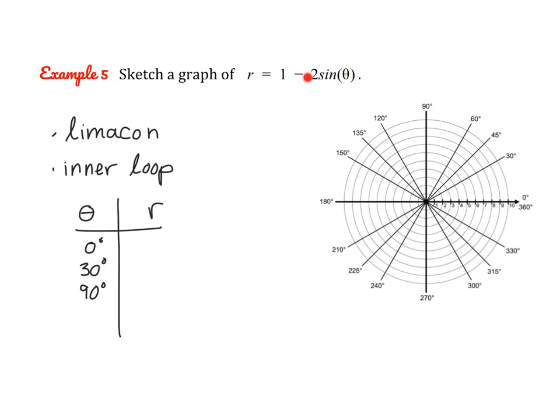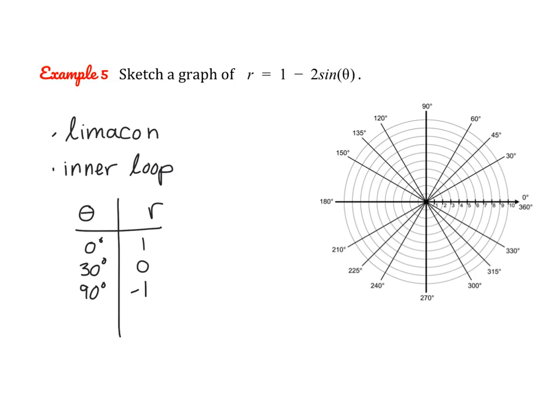The sine of 0 is 0, times 2 is 0, so this just gives us 1. The sine of 30 degrees is 1/2, times 2 is 1, so 1 minus 1 is 0. And then the sine of 90 is 1, times 2 gives us 2, and 1 minus 2 is -1. So let's plot those points and see what we get. Here's 0.